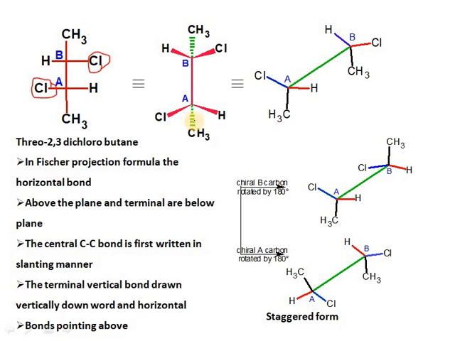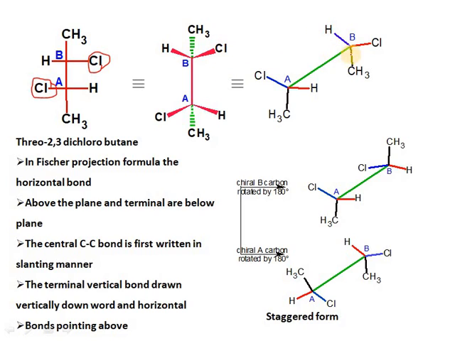So this methyl group is below the plane, this methyl group is below the plane. Then this chlorine is on the left side, hydrogen on the right side, hydrogen on the left side, chlorine on the right side. The wedge and dot formula we can write in the form of Sawhorse. So both these methyl groups come below the plane. Write below the plane, below the plane. Okay, then let's look at the A carbon here. So on the A carbon, how is the chlorine? On the left side. How is the hydrogen? On the right side. Similarly, this hydrogen is on the left side.